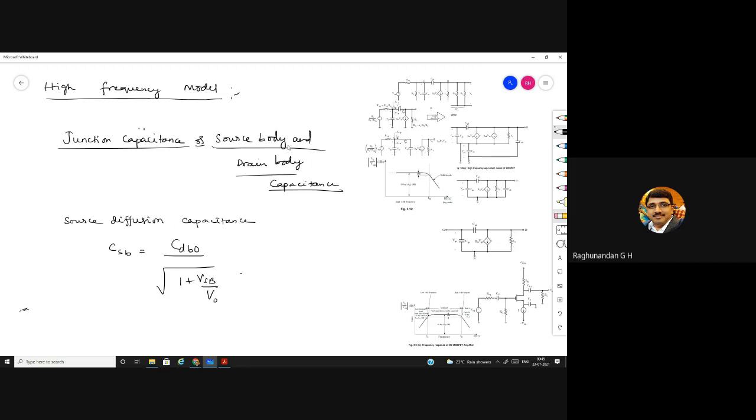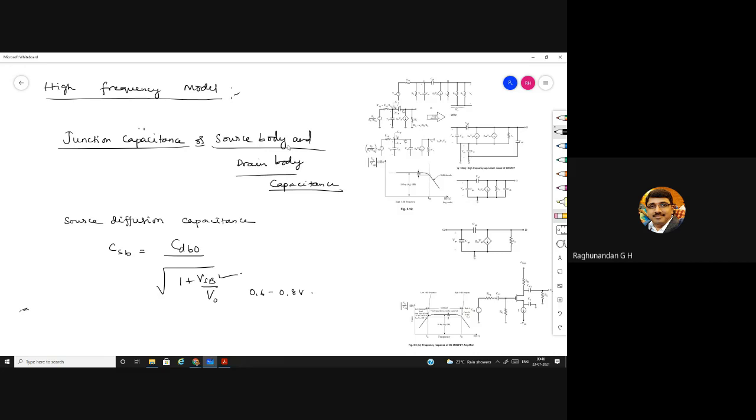So here VSB is nothing but the value of reverse bias voltage, and CSB 0 is nothing but the value of the capacitance under the source bias at zero body source bias condition. And the voltage range of this junction will be around 0.6 to 0.8 volt.